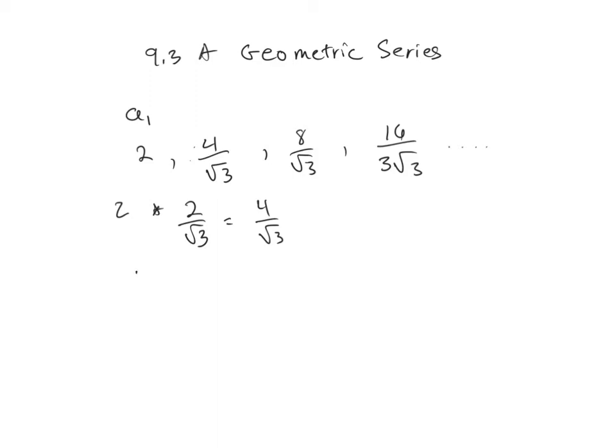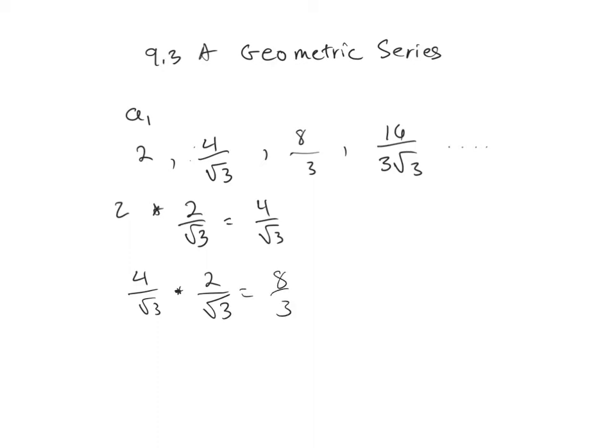So here, 2 root 3 times root 3, wait. This is 6. Sorry, here. Let's see here. 2 root 3 times root 3 gives me 6.